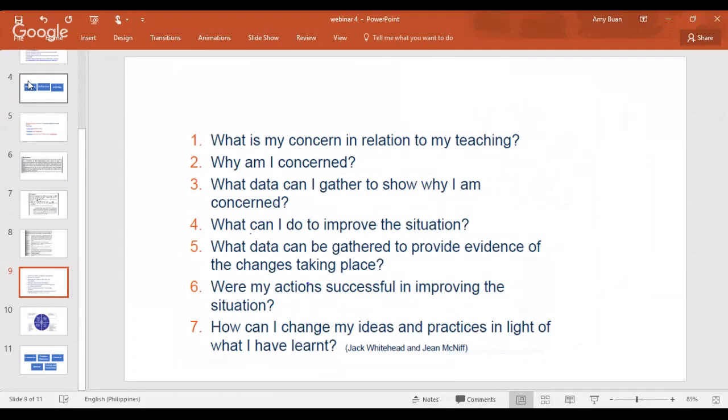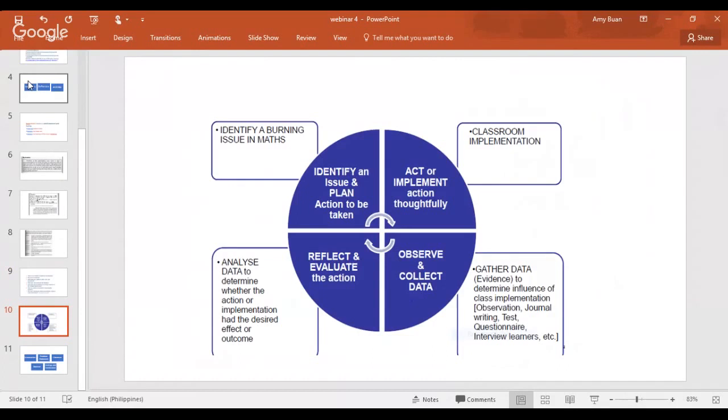So the teacher decided that he will use the approach teaching through problem solving, and he collected data in the classroom. So one example could be the student output and the teacher-student interaction. And then you have to ask, after collecting the data, were my actions successful in improving the situation? How can I change my ideas and practices in light of what I have learned? Okay? So this is the process of solving a problem, or the process of action research.